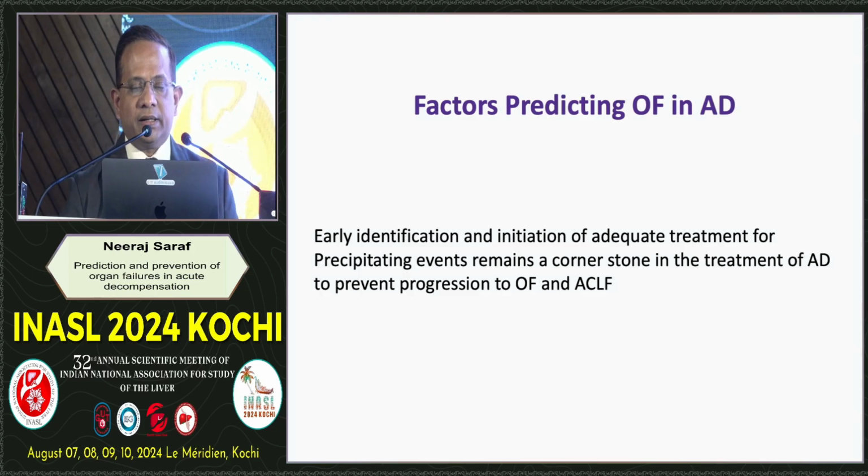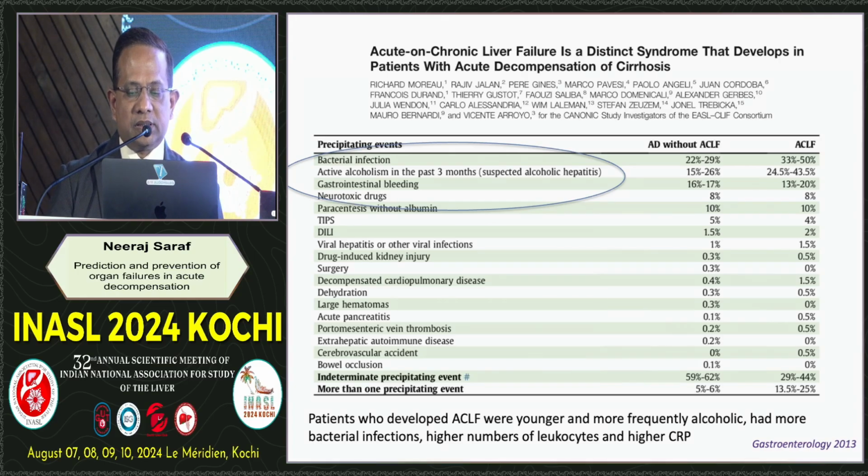So you need to identify what are the precipitating factors which convert acute decompensation to ACLF or those with organ failure. Now this is one of the first studies which gave us the concept of ACLF, published in Gastroenterology in 2013, and they looked at patients who went on to develop ACLF, and these are all patients who had acute decompensation.